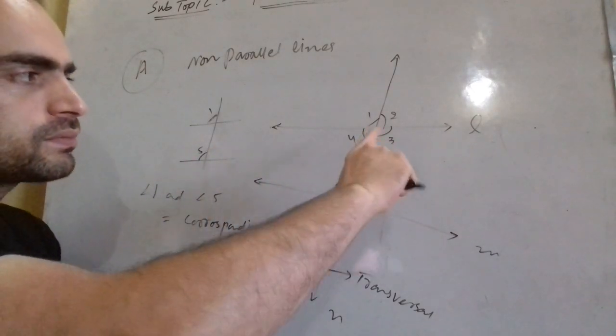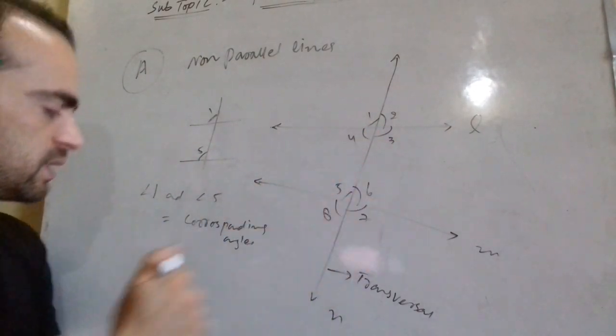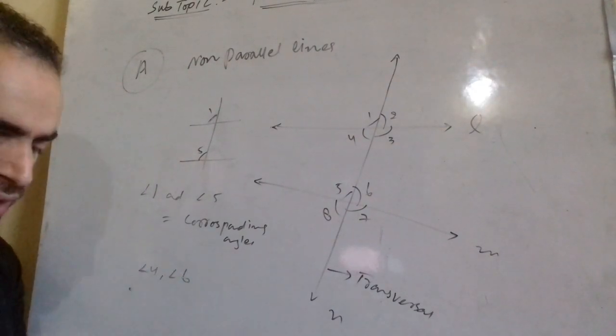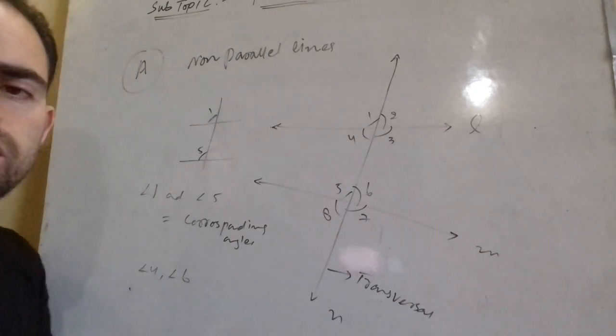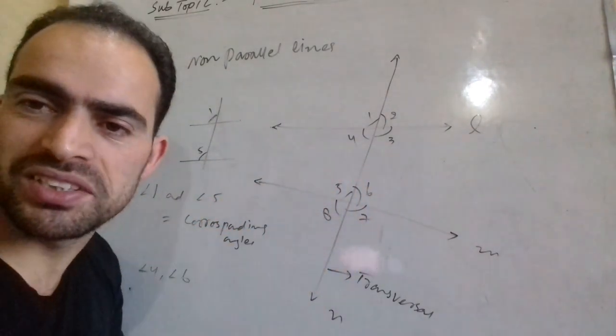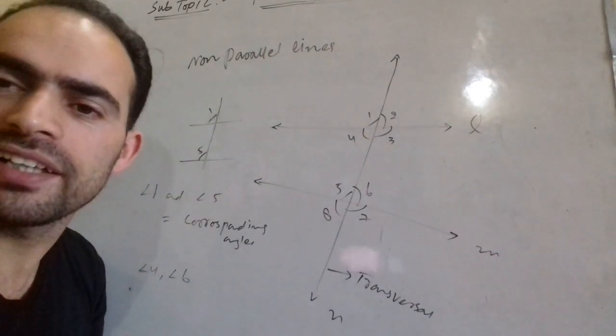One more, what is that? If you take angle 4 and angle 6, what is the relation between them? Means what type of relation they have? 4 and 6, they are alternate interior angles. We call them alternate, like sister brother.